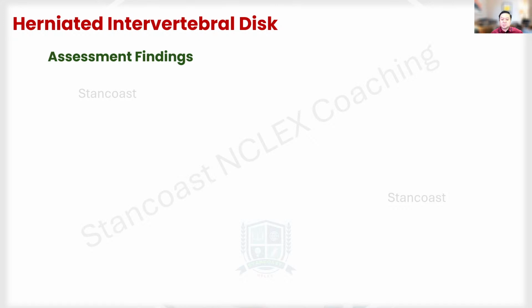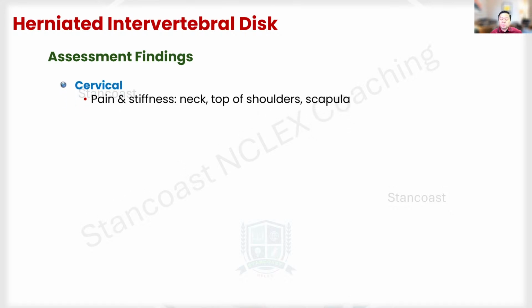So what do you expect if the problem will affect the cervical area? Well, take note, guys, that this will be manifested commonly as a pain and also stiffness in the neck area. And it can also radiate into the following spots: the scapula, the shoulder blades, the top of the shoulders.